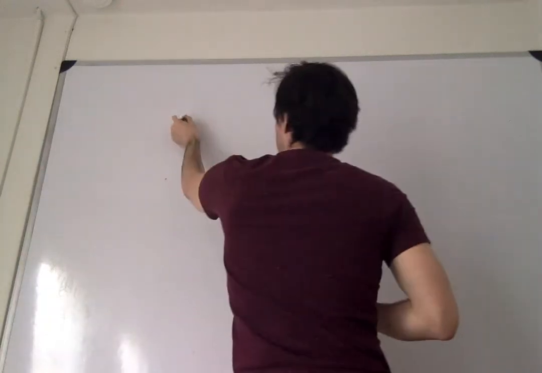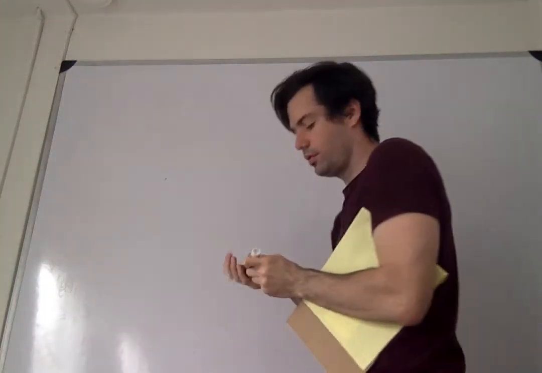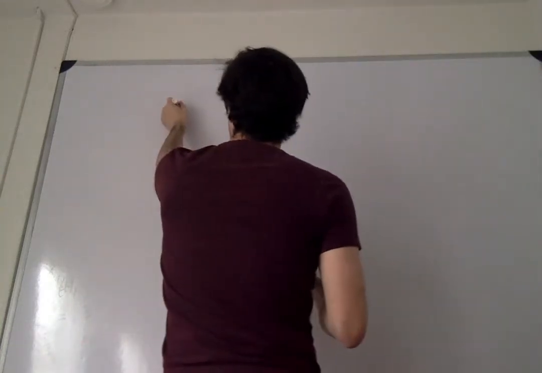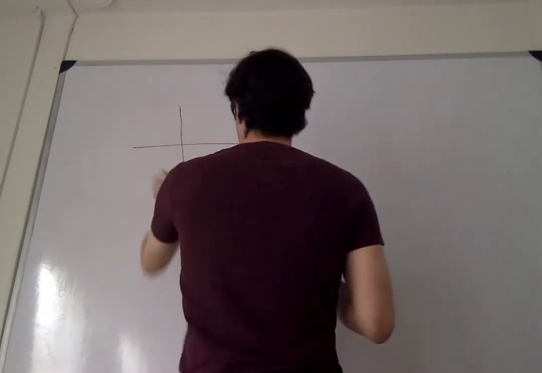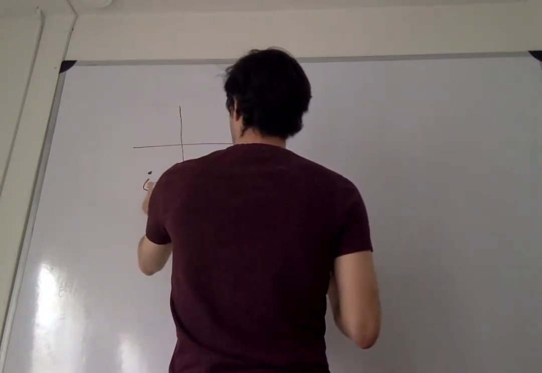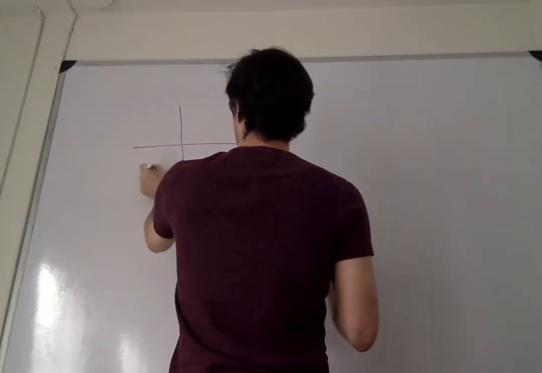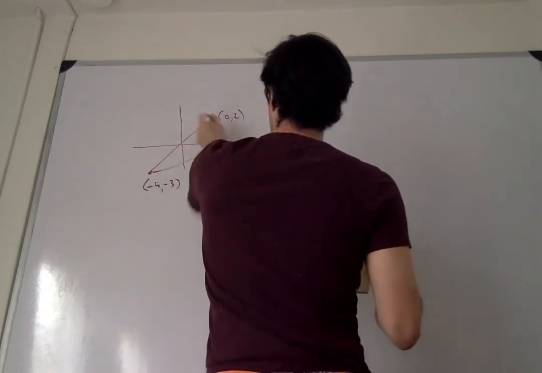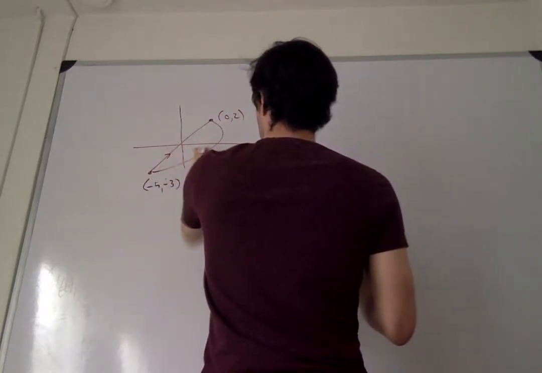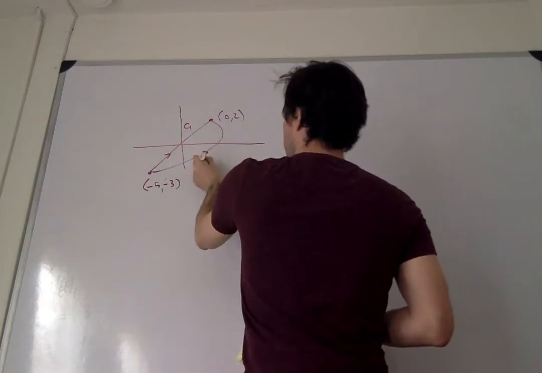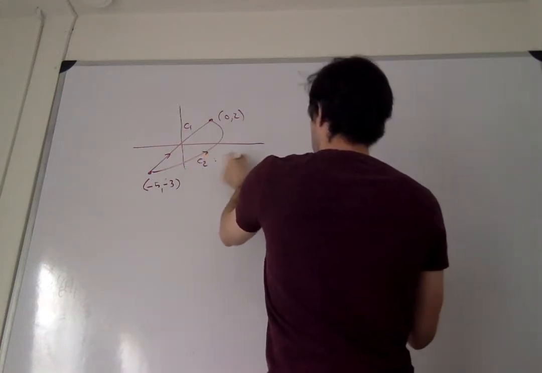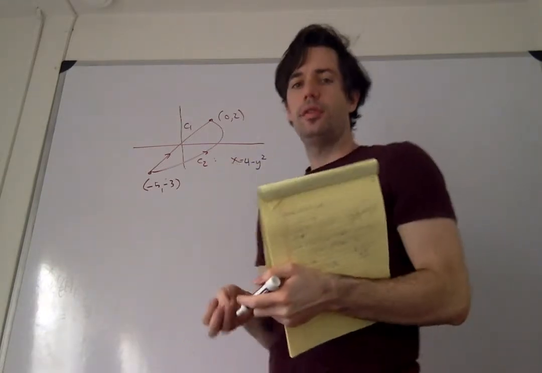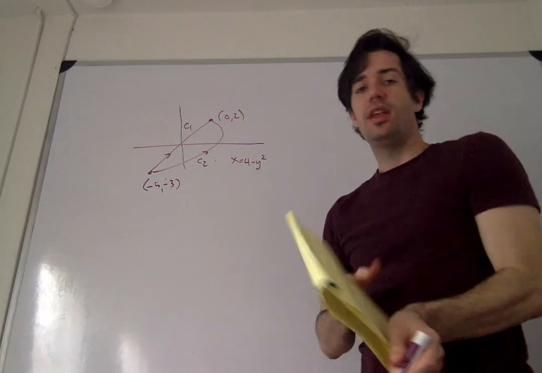So let's consider two paths. C1 path, that's the top one, that's the straight line.